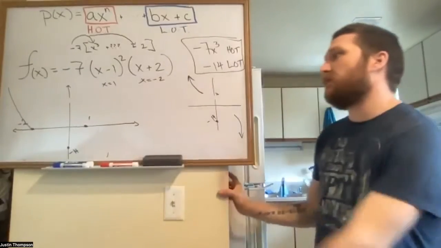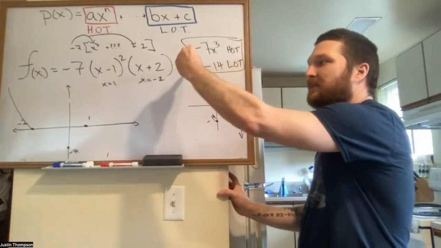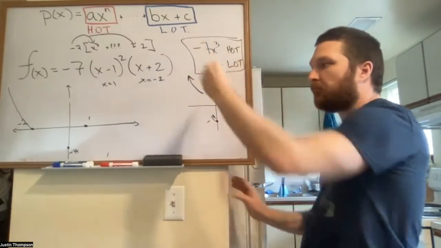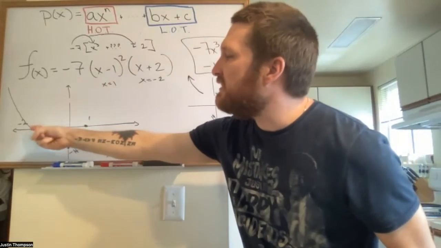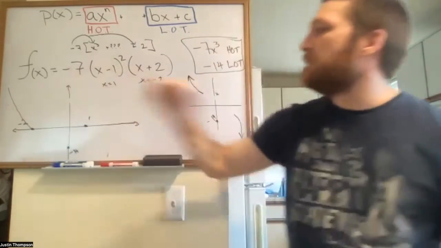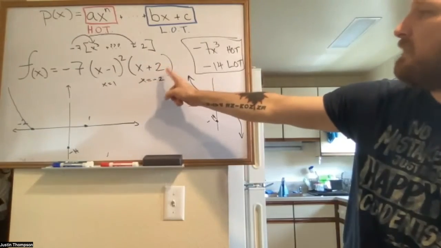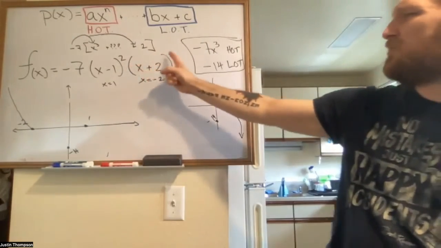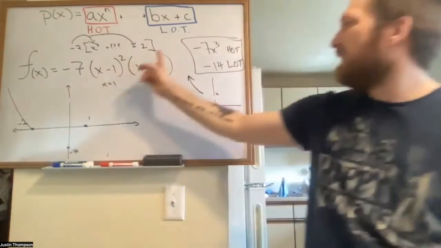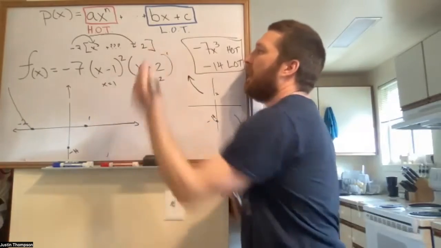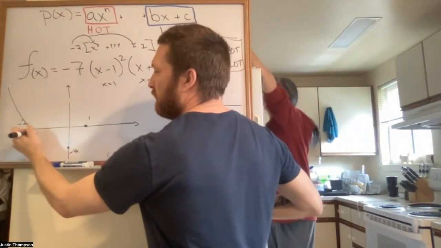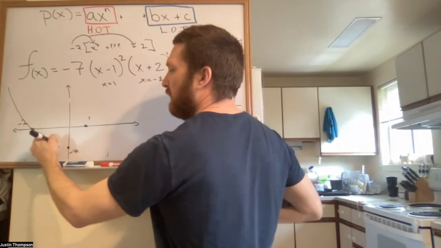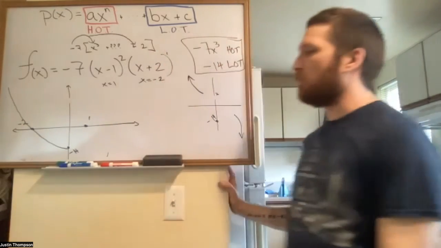I decided to work from the left to the right, and so we had to come down from infinity in this way. Has to hit here. And then the question is, does he go through or does he bounce back? And so I look at that one and say, well, x plus 2 is where that came from. It's an odd power. Odd power must go through. So he goes through like that. Got to go through there at minus 14.